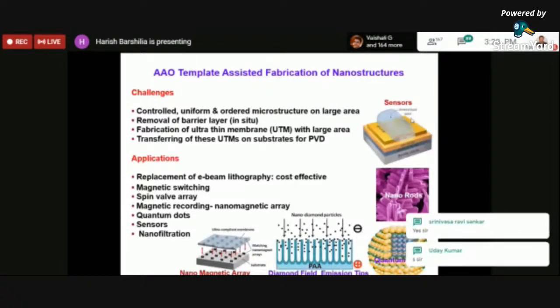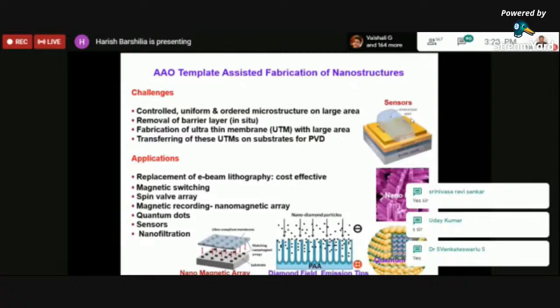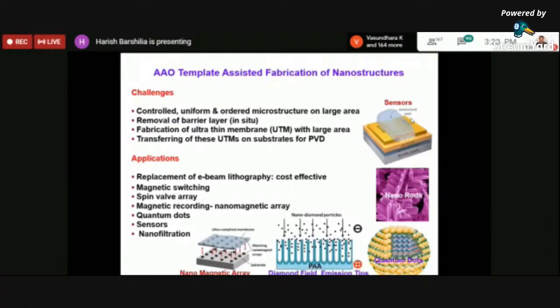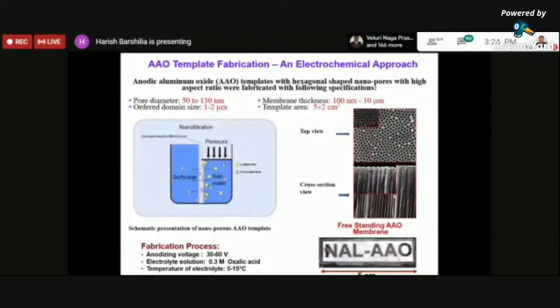We take a simple aluminum foil, about 25 micron, and do some sort of chemical treatment. Because of this treatment, which I will show you in the next view graph, you can see very fine holes of about 50 to 100 nanometers.